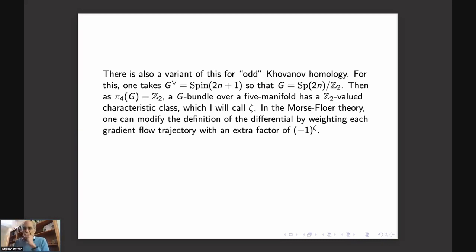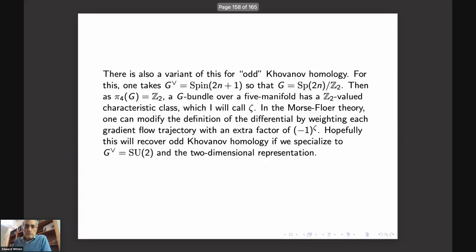The factor (-1)^zeta is multiplicative in connected sums. So this is the candidate for odd Khovanov homology if you specialize to the case that the dual group is SU(2), which is the same as Spin(3), and the 2-dimensional representation.